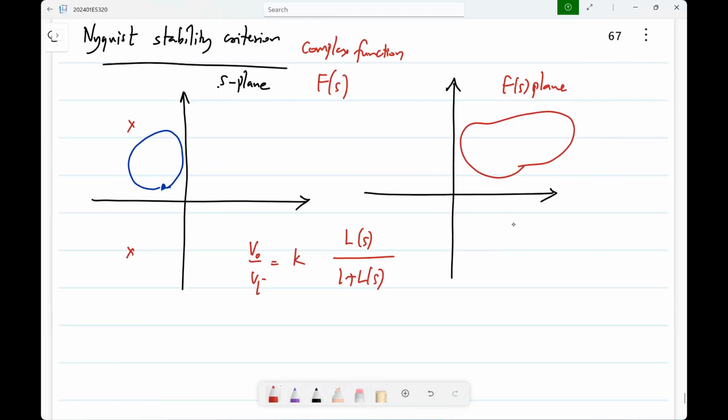Now what you want to do is to find out whether this system has poles in the left half plane or right half plane, right? Or whether the denominator has zeros in the left or right half plane.